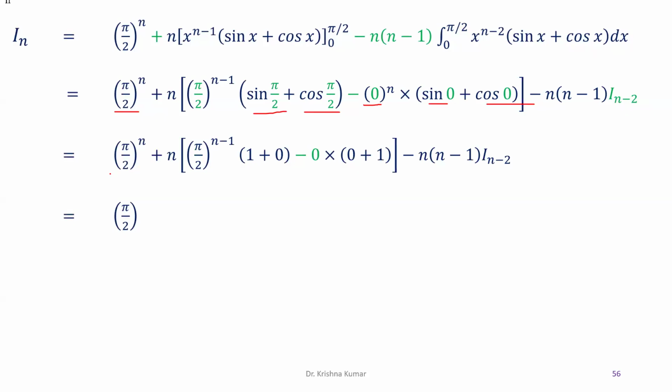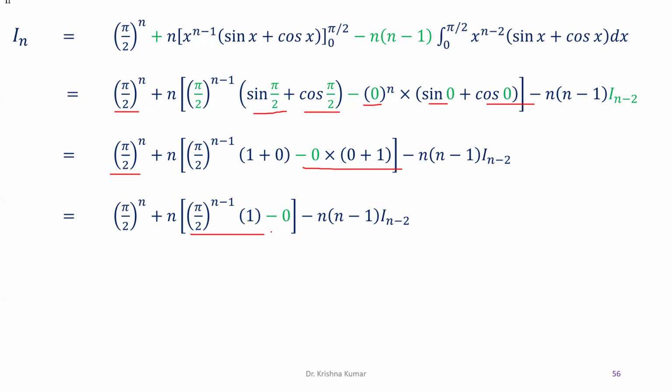If we again simplify it, (pi by 2)^n plus n (pi by 2)^(n minus 1) into 1 minus, this is nothing but 0, minus n into (n minus 1) into I_(n minus 2). So which gives us (pi by 2)^n plus n into (pi by 2)^(n minus 1) minus n into (n minus 1) into I_(n minus 2).